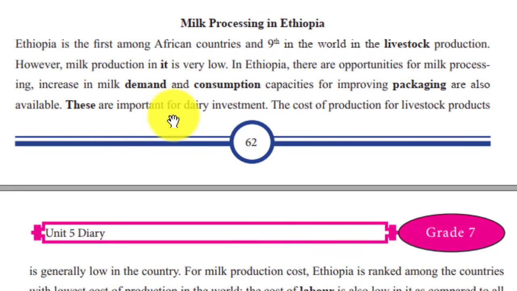The next one: these የሚል ቃል አለ እዚህ ጋር, paragraph 1 line 4 ላይ. These are important ይላል, እነዚህ አስፈላጊዎች ናቸው ይላል, እነማን ናቸው አስፈላጊዎች? So things are mentioned before, ቀድሞ የተጠቀሱ ነገሮች አሉ ማለት ነው. ከዚህ ጀምረን ብናይ, ለምሳሌ: in Ethiopia there are opportunities for milk processing, increase in milk demand and consumption, capacities for improving packaging are also available.